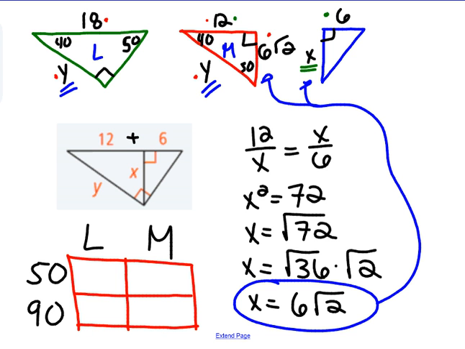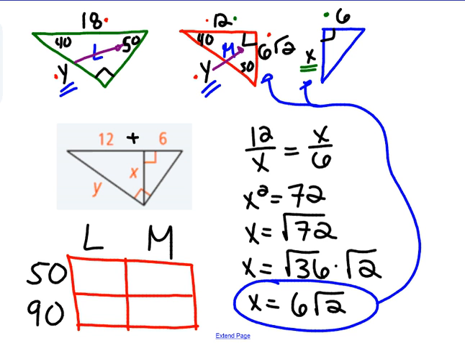If any of you are confused on how I did that, the y variable is opposite the 50-degree angle, and this y variable is opposite my 90-degree angle. That's where I got the angles from. So if we use this chart, we can set up our geometric mean.